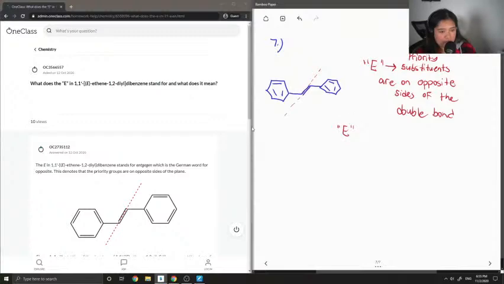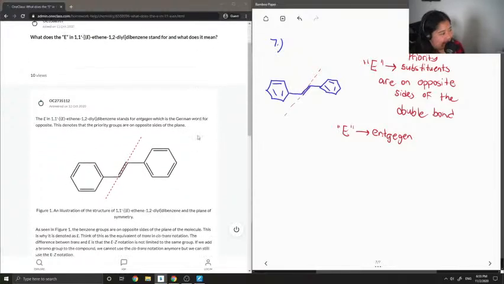I think the actual E came from a German word, but I don't want to butcher that name, so I'm just gonna not say it. Let's see what our junior tutor said.